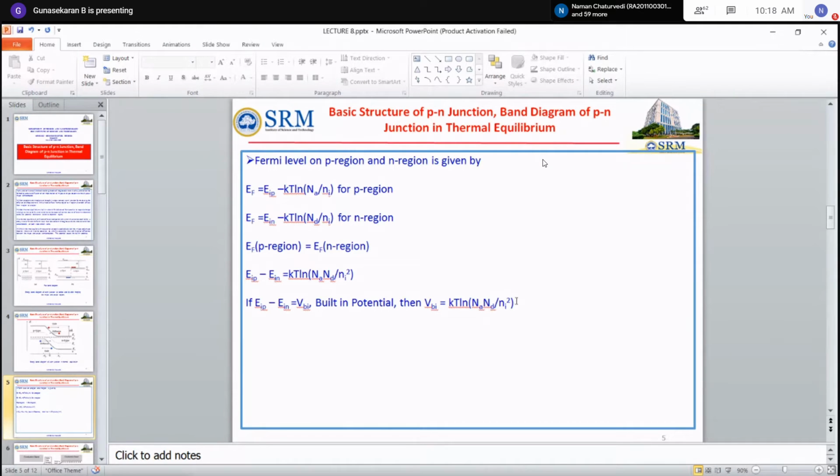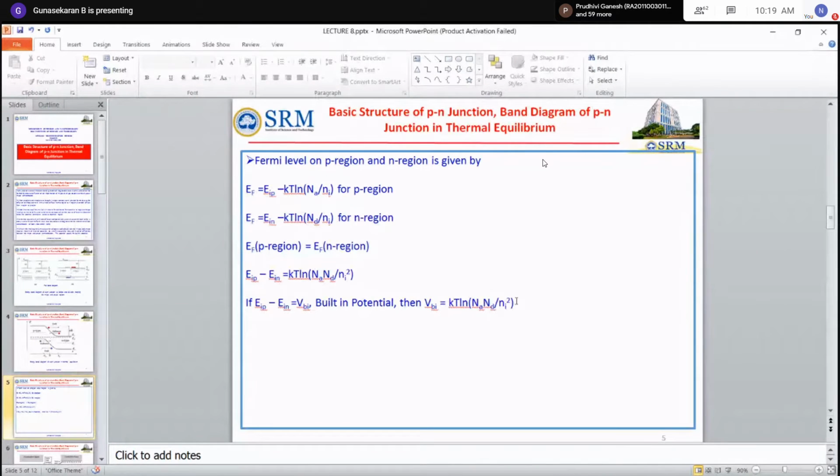So this is the built-in potential formed when the PN junction is formed, at the center between the P and N regions.